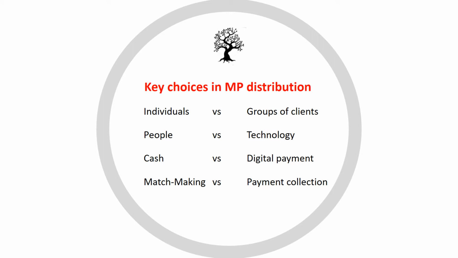The fourth distinction is if the same party will only do matchmaking with new clients or also collect payments on a regular basis over a long period of time. From our experience, especially in Ghana, we learned that doing digital registration from day one onwards for signing up and payments prevents a lot of hassle, paperwork, and backlog.